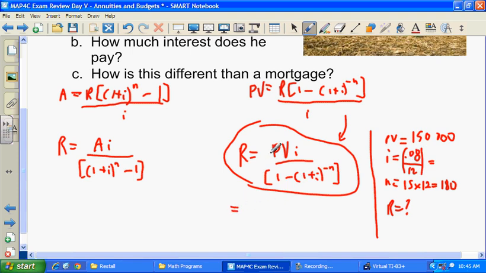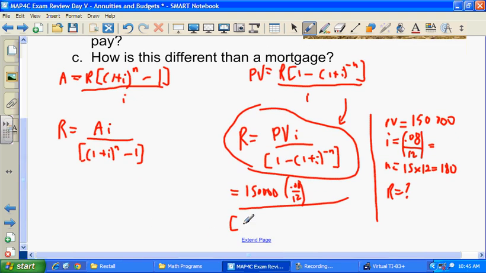And then I'm just going to substitute into this formula: 150,000 times 0.08 over 12, divided by a big bracket, 1 minus little bracket 1 plus 0.08 over 12, to the power of negative N, over 12, and that's this bracket.